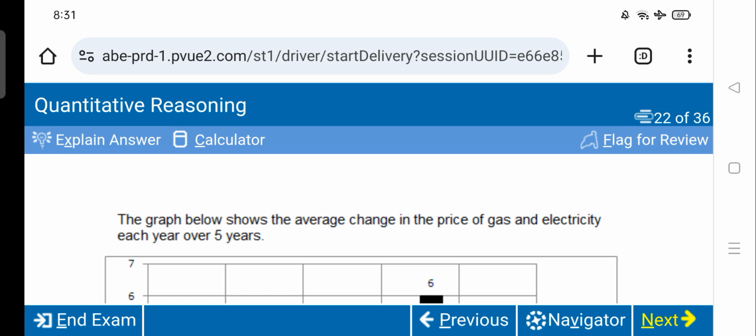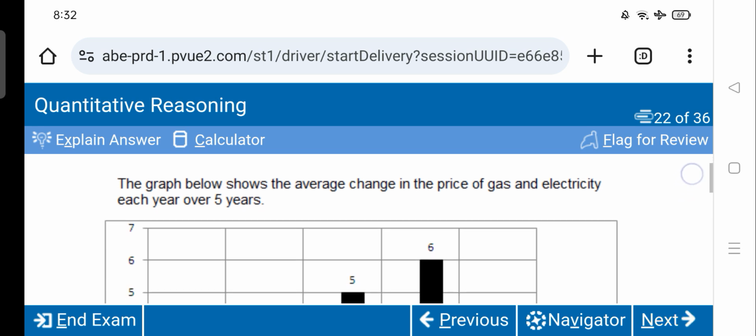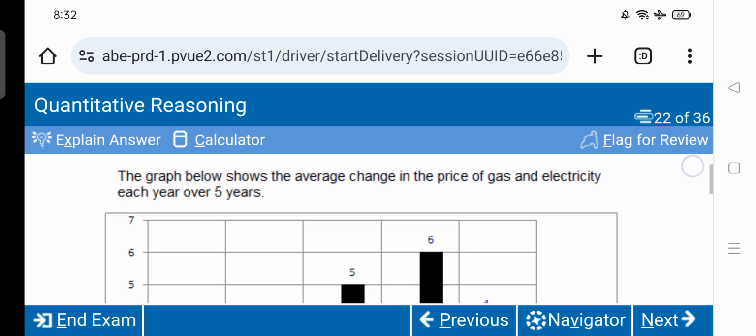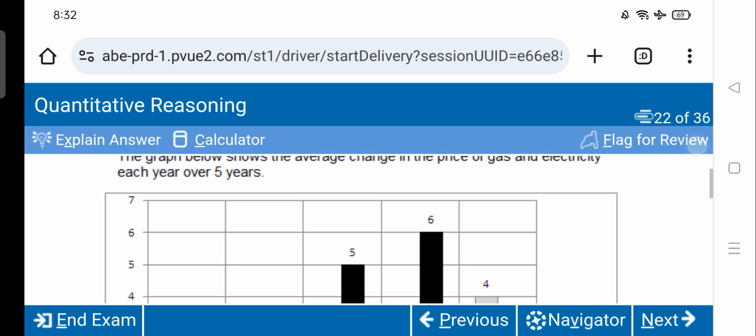Next we have question number 22. As you can see here, we have the same information given for this question also, that the graph below shows the average change in the price of gas and electricity each year over 5 years.